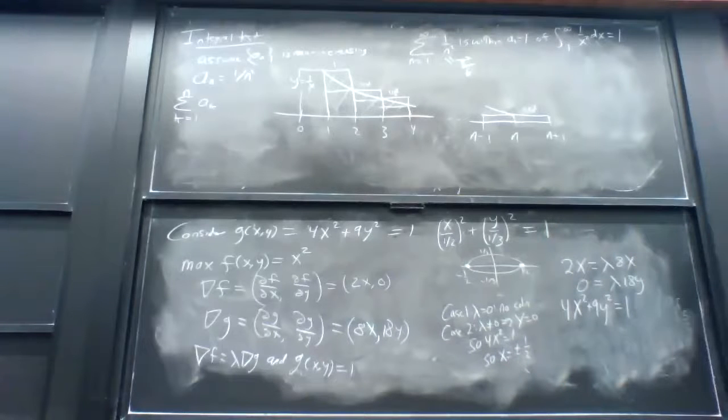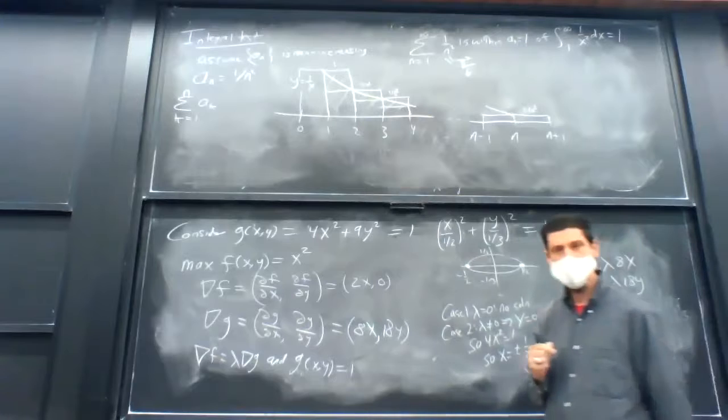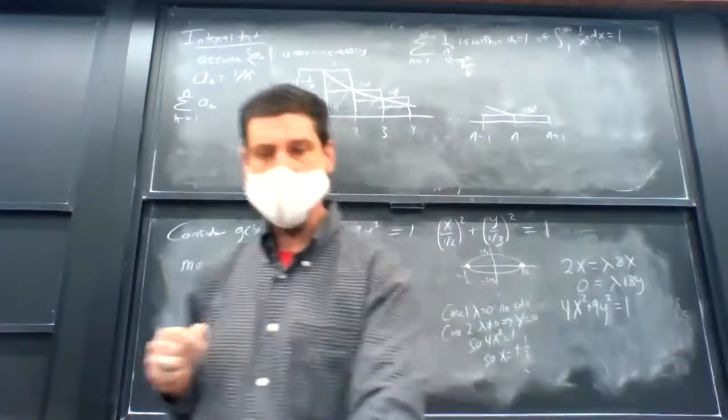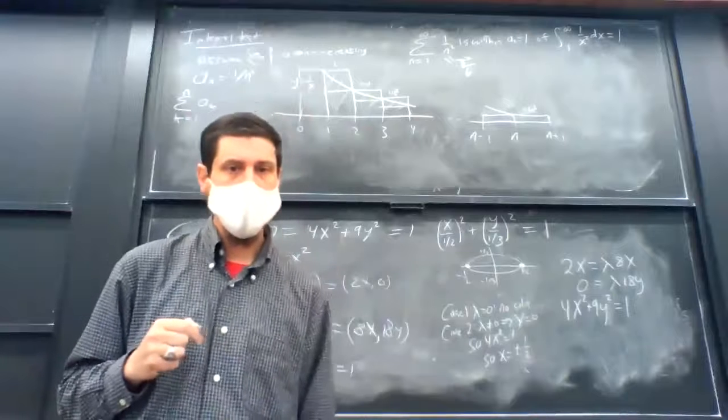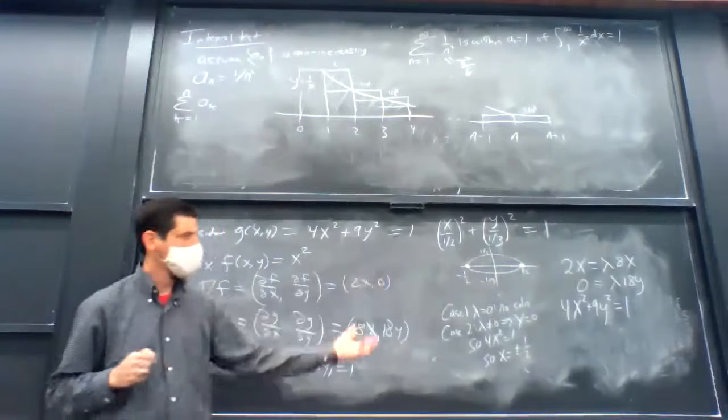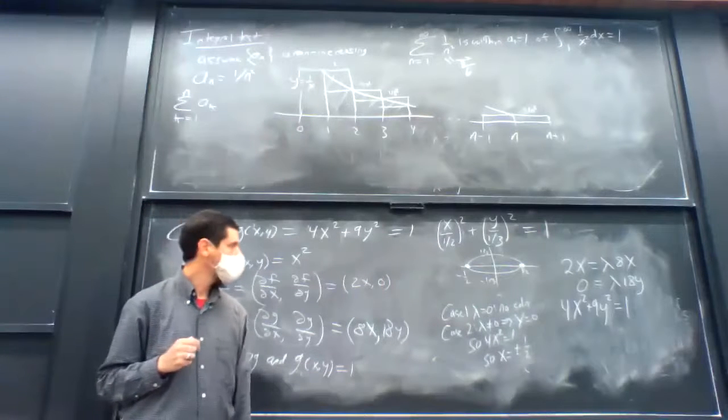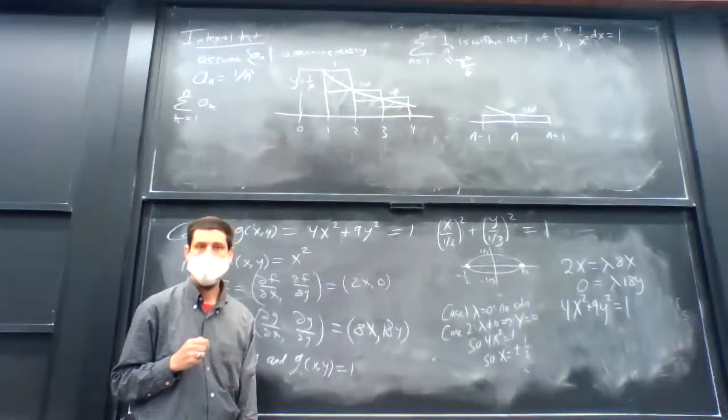And those are our candidates. So we were able to solve this pretty easily by doing the algebra, but we could also have done this by doing the Lagrange multipliers, and it's not a big deal.